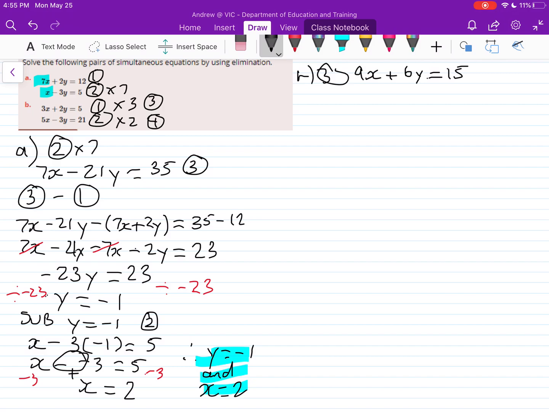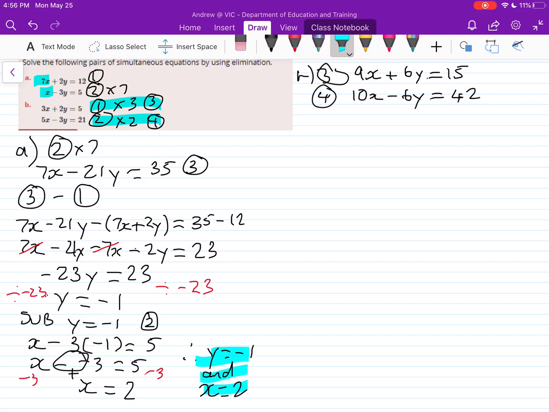And equation 4, everything's multiplied by 2, so 5x times 2 is 10x minus 6y is equal to 42. So this is how we got our equations 3 and 4, by multiplying all the terms in those equations by those numbers.